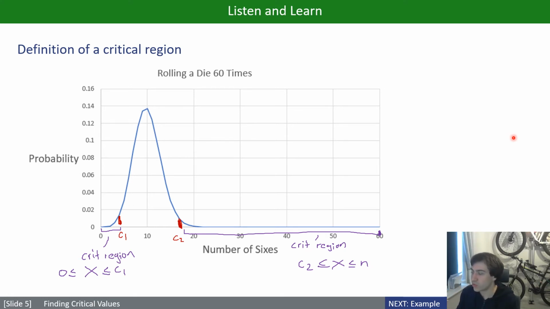So don't use the words critical region and critical value interchangeably. They mean similar things, but slightly different. Okay, and then this area here in the middle, the bit that's not in any of the critical regions, this we call the acceptance region.